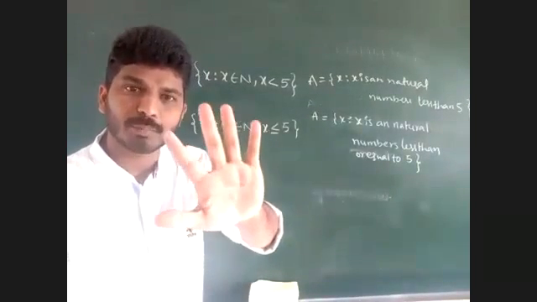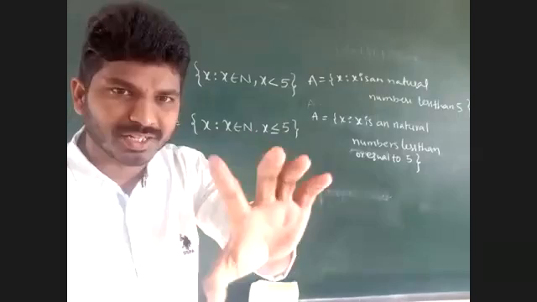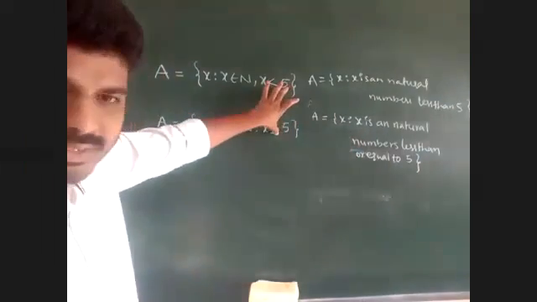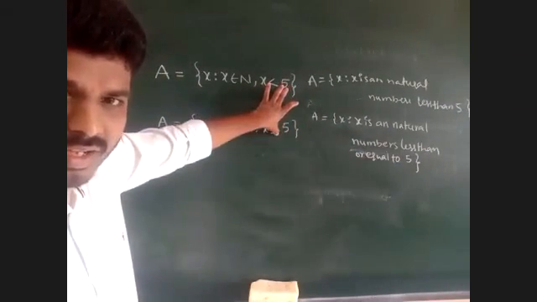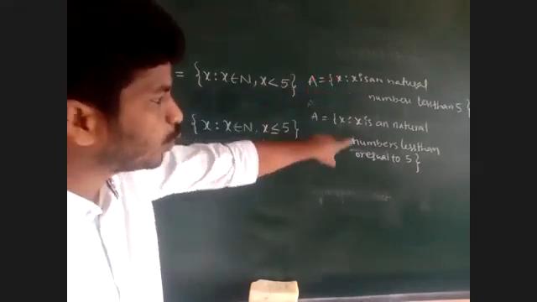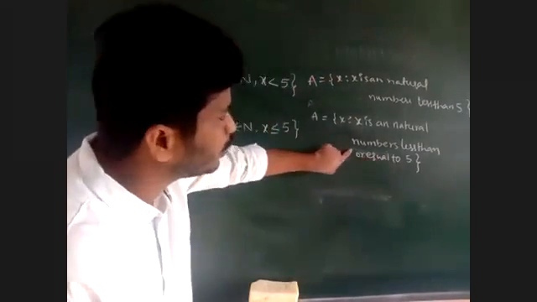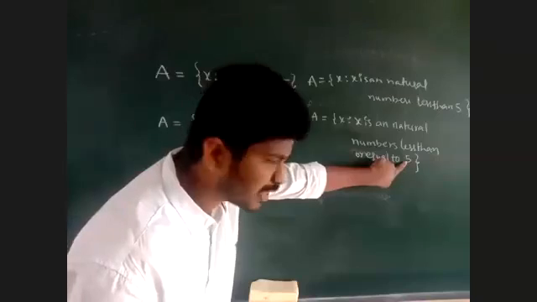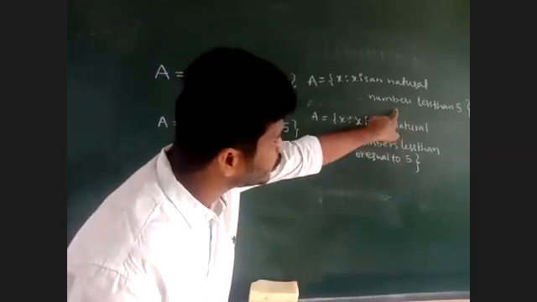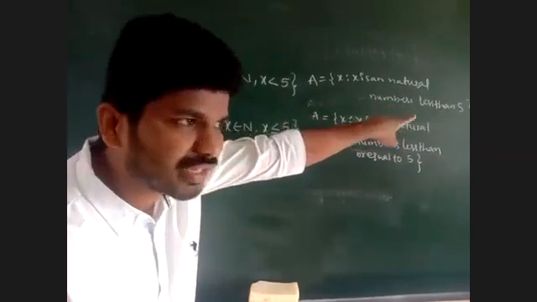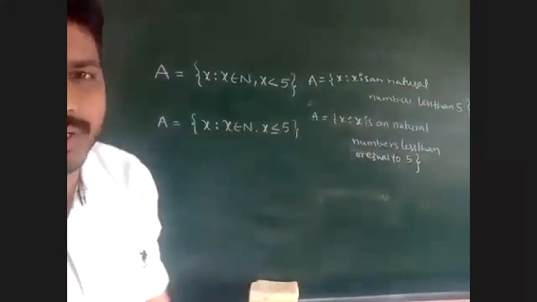We should take up to 5. Is the difference between these two sets clear? If the equal to meaning is there, then we should consider 5. If the equal to symbol is not there, only less than 5, we should write up to 4 only.